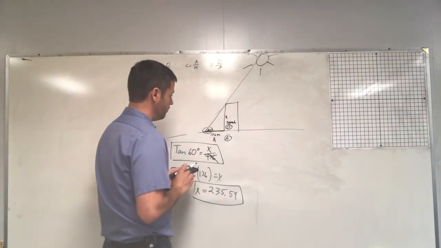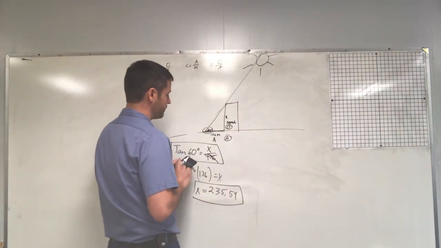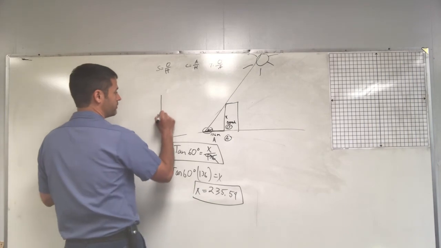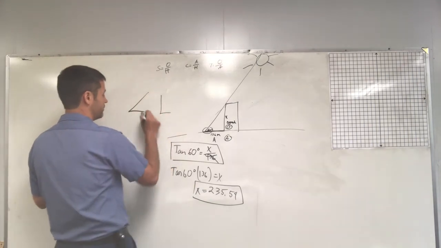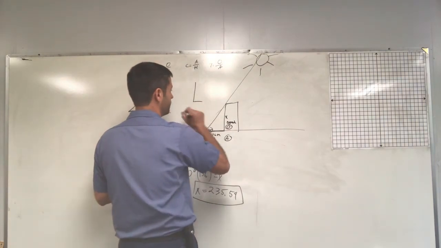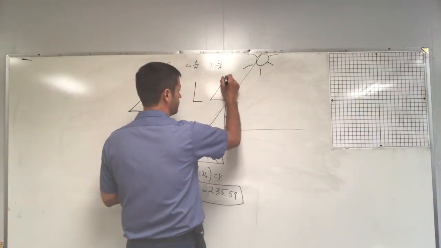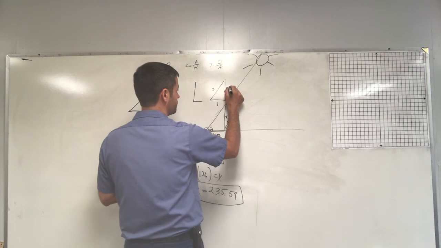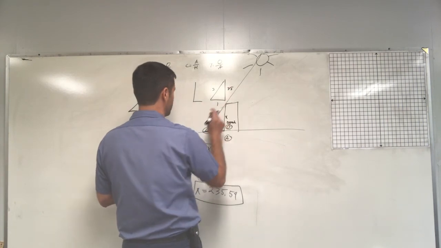And what that means is thinking about a 30, 60, 90 triangle, if I can draw it right ever. The sides are 1, 2, square root of 3.